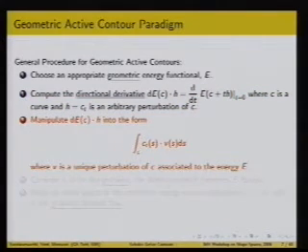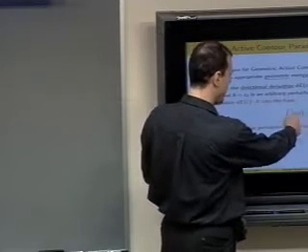And then you do some work. You do some integration by parts, some calculus, and you get the expression to look like the following: the integral around the curve with respect to arc length of the perturbation dotted with something else. That something else depends on what the energy is. You work to make sure you isolate the perturbation.